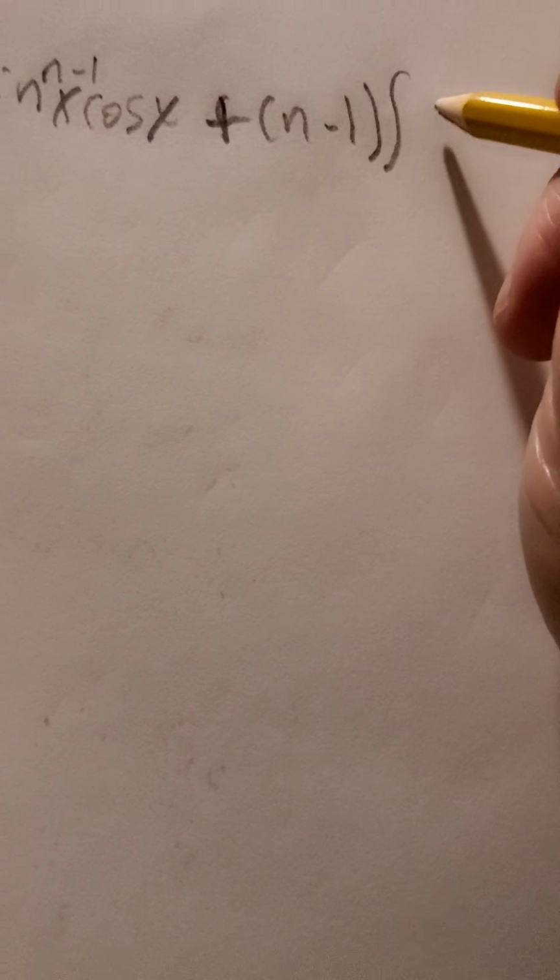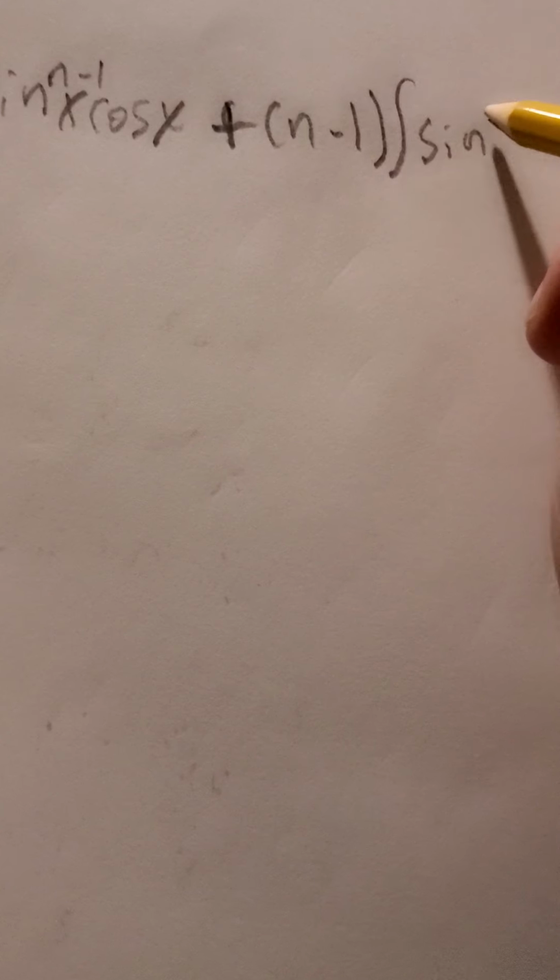It's a plus. The integral of sine to the n minus 2 of x. I'm going to write the cosine function that's squared, cosine squared, as 1 minus sine squared x in parentheses, with respect to x.